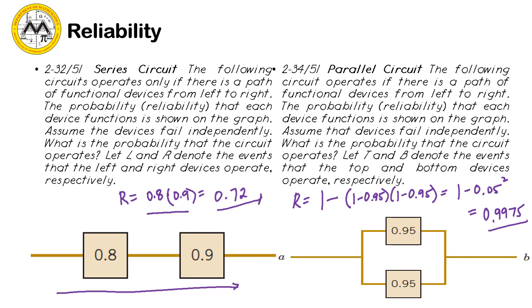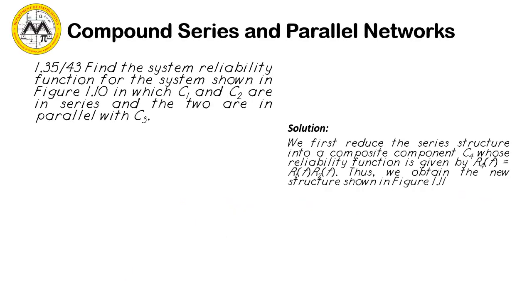So the total reliability 0.72 is lower than 0.8 and lower than 0.9. So you don't want to connect them in series. But if you want to be more reliable, you connect them in parallel because the result would be higher than the individual reliabilities.